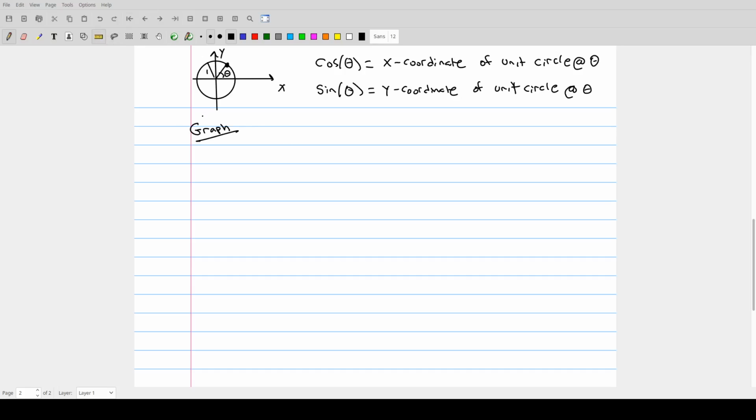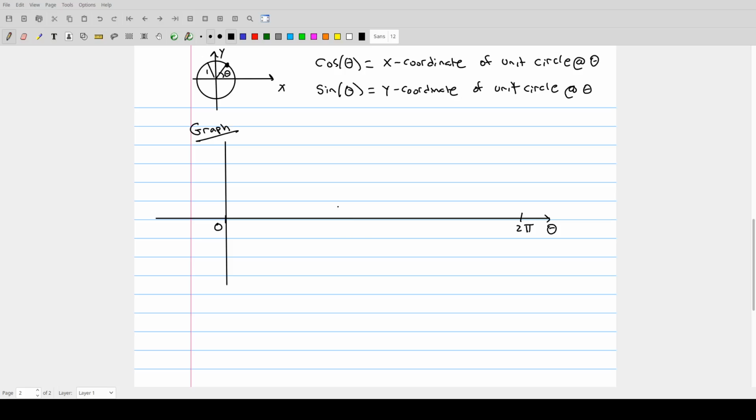So if we want to make a graph or a plot of the functions sine and cosine, we can do this exactly by taking theta from 0 to 2 pi. This axis right here is the theta axis.